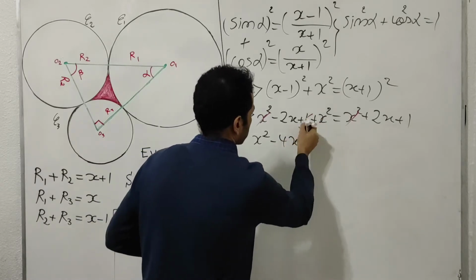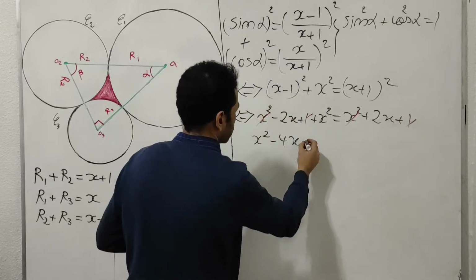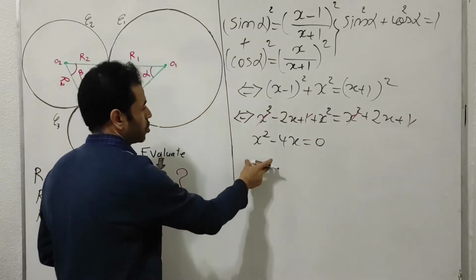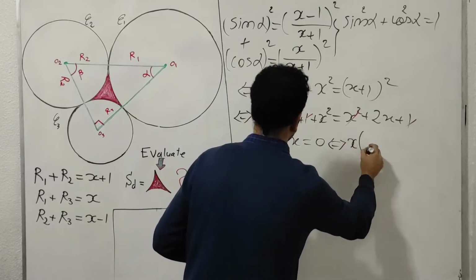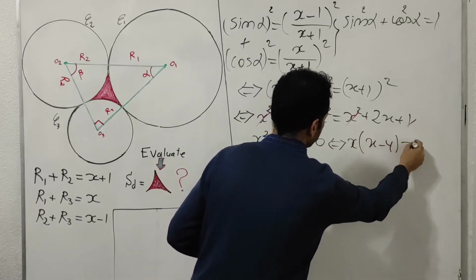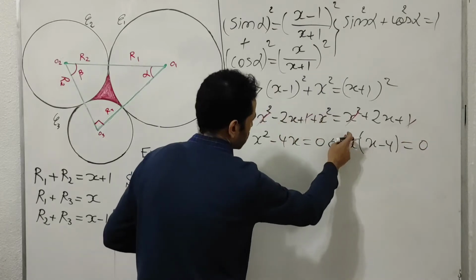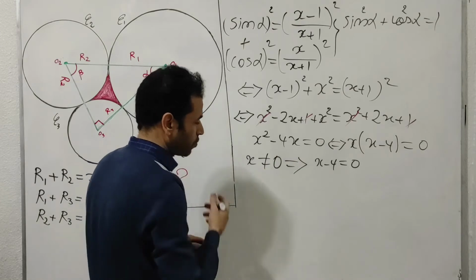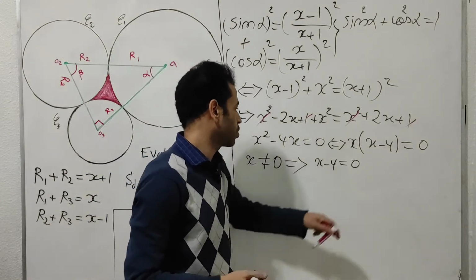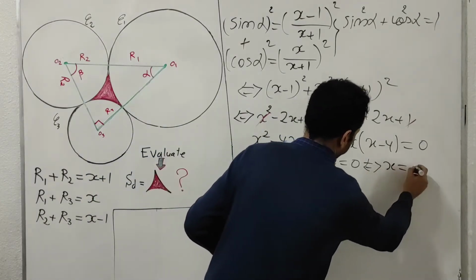The 1 will be cancelled out as well. I will have this equation equal to 0, and I will have 2 solutions. x multiplied by x minus 4 equal to 0. Since x is a distance, that means x is different than 0. That means x minus 4 must be equal to 0, which is x equal to 4.